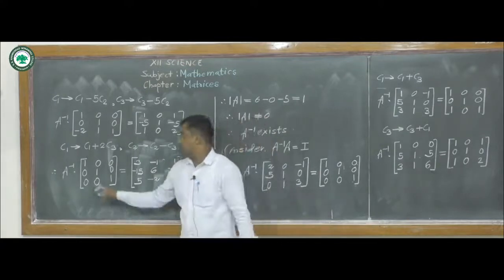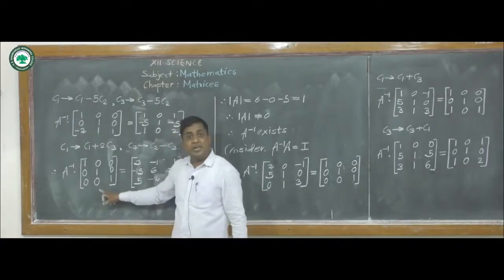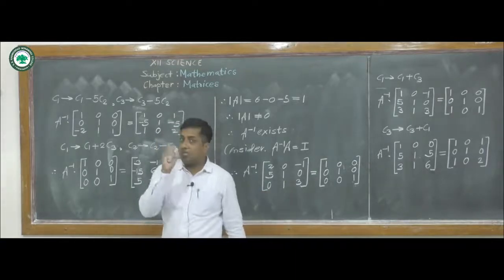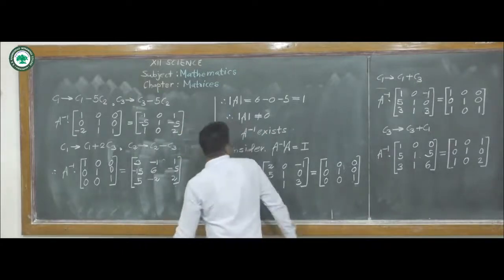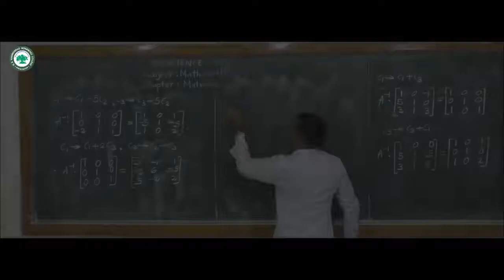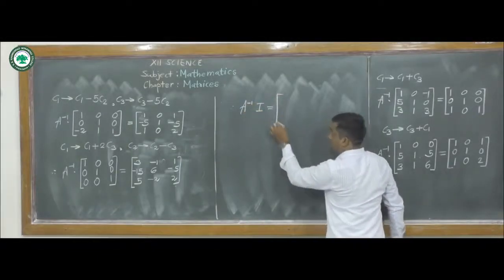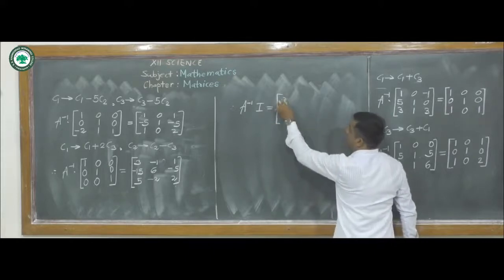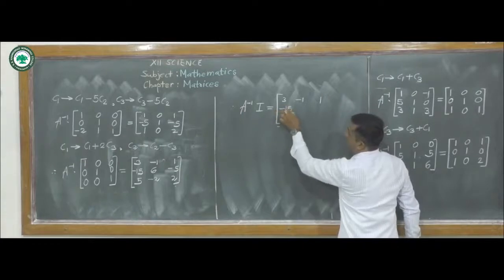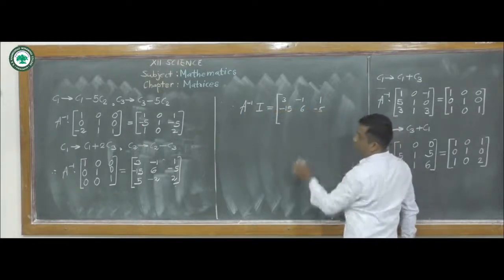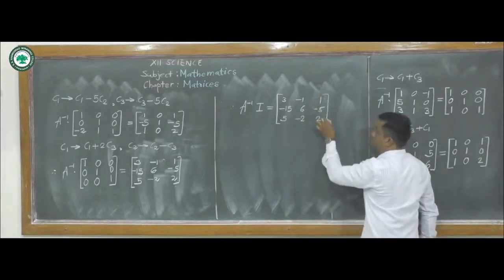So we reduced the given matrix A to the identity matrix, and we used column transformation. Okay, so here we get the form A inverse I is equal to, inside the matrix our elements are 3, minus 1, 1, next minus 15, 6, minus 5, then 5, minus 2, 2.